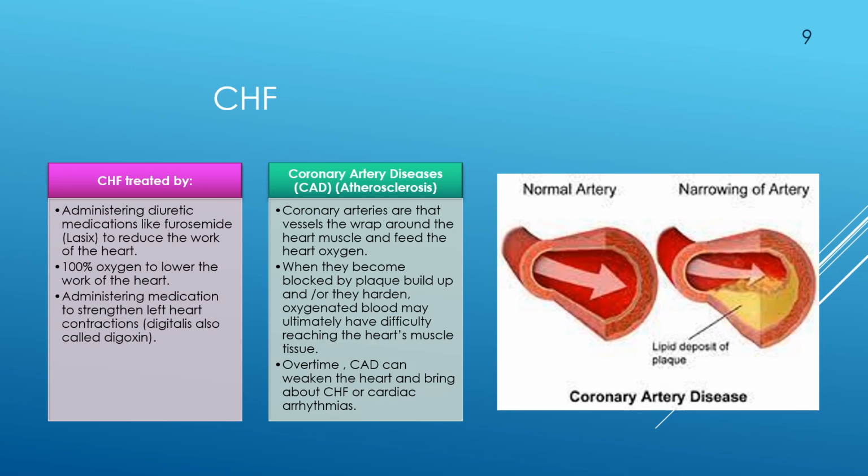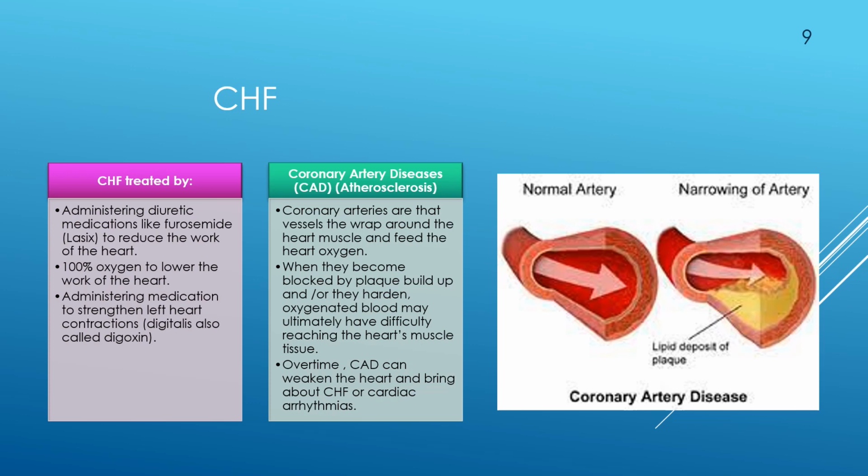Now, we've all heard of coronary artery disease, atherosclerosis. This is when the coronary arteries, which surround the heart, and supply blood and oxygen to the heart muscle itself, get blocked by plaque over time.